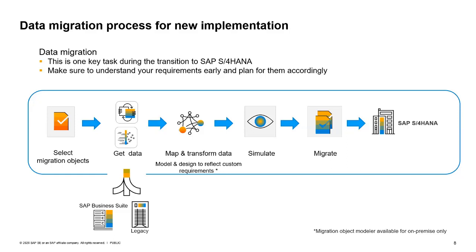You select your migration objects. You get the data. In our picture, you see two icons, one for staging tables, one for the direct transfer approach, our focus of today. Then you map and transform data, you simulate data, and migrate data to SAP S4HANA.